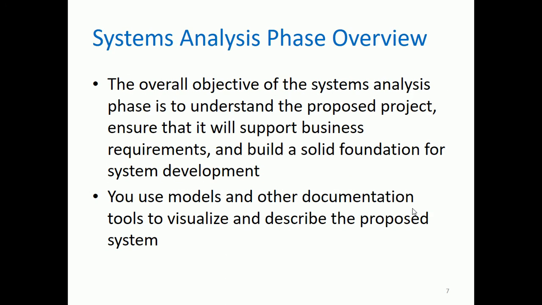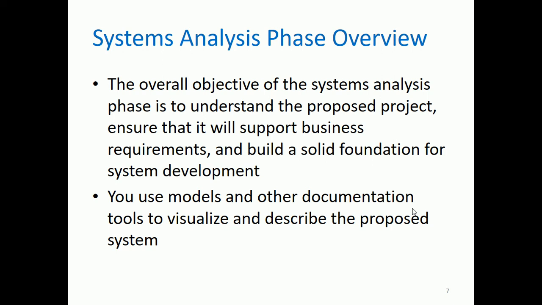The overall objective of the systems analysis phase is to understand the proposed project, ensure that it will support business requirements, and build a solid foundation for system development. You use models and other documentation tools to visualize and describe the proposed system.